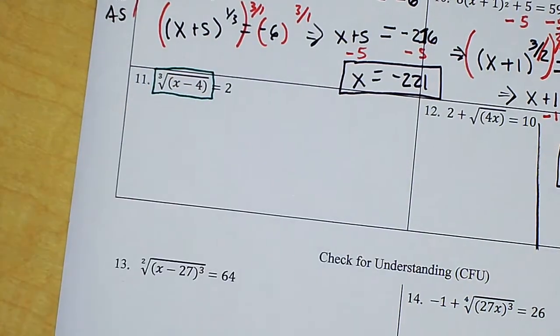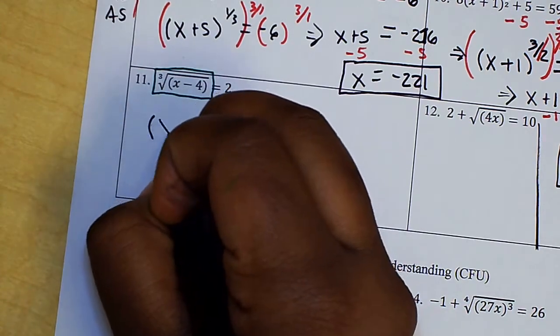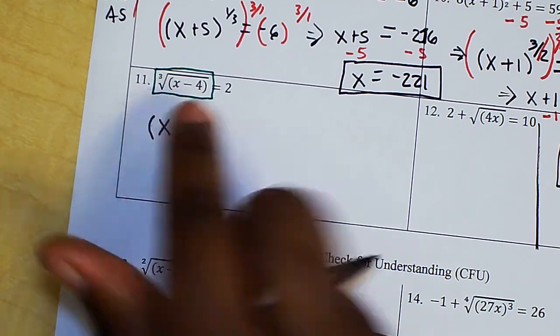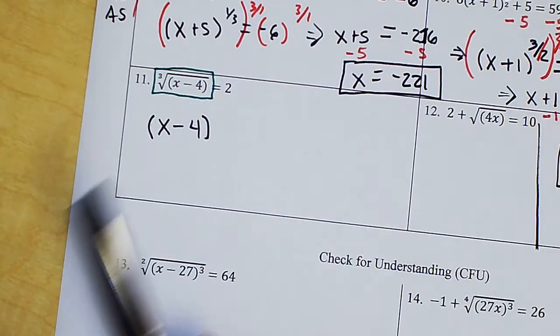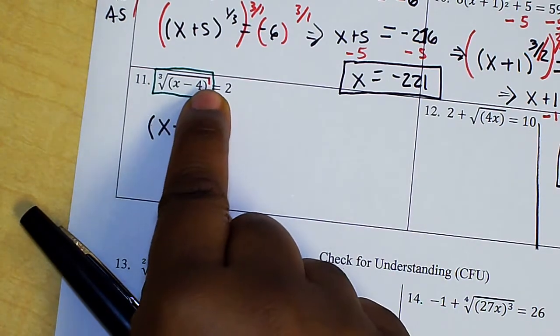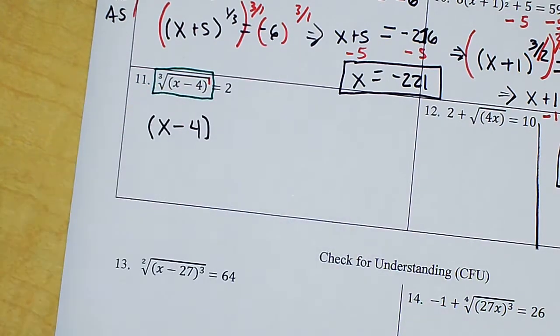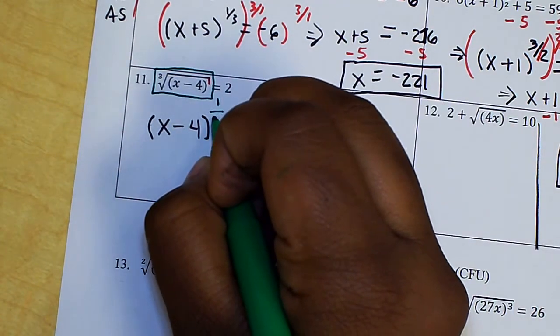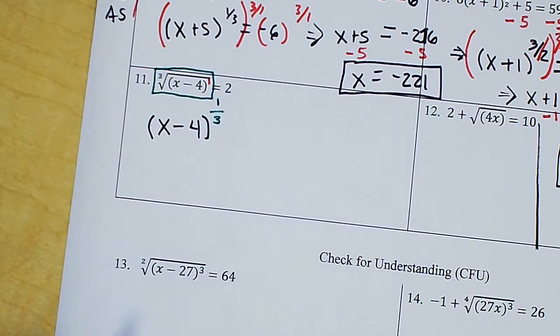So we take our base. We have x minus 4 in parentheses. And this is the same as saying, remember, if I don't see an exponent, it's an invisible 1. So this is my power. The 1 is my power. The root is 3. So remember, the power goes on the top. So the power of 1 over root is at the bottom.